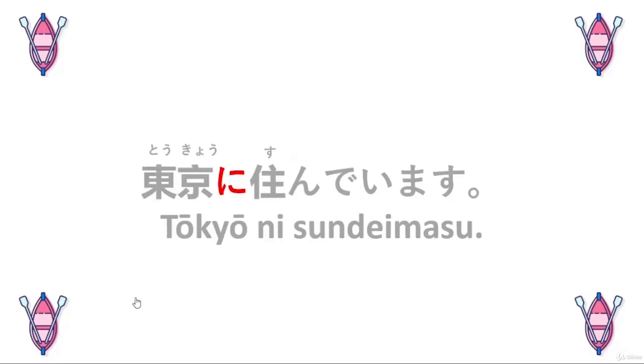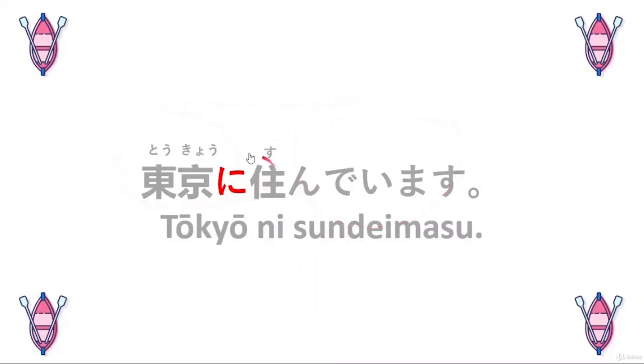東京に住んでいます。So we have Tokyo. 住んでいます is a long form, like present continuous tense for the verb to live, 住む. So where do I live? I live in Tokyo.